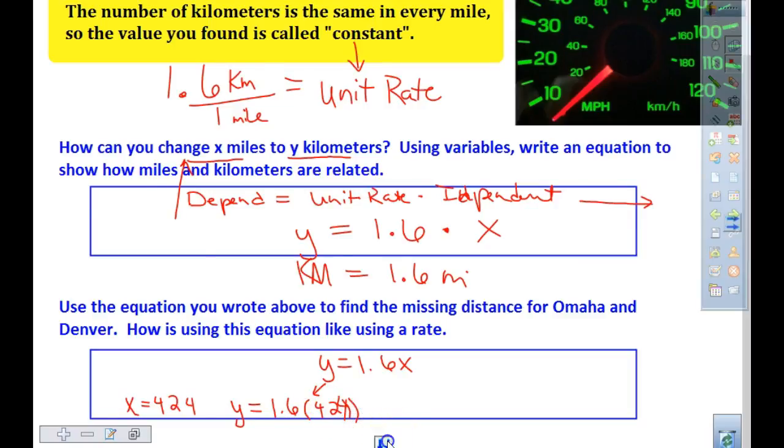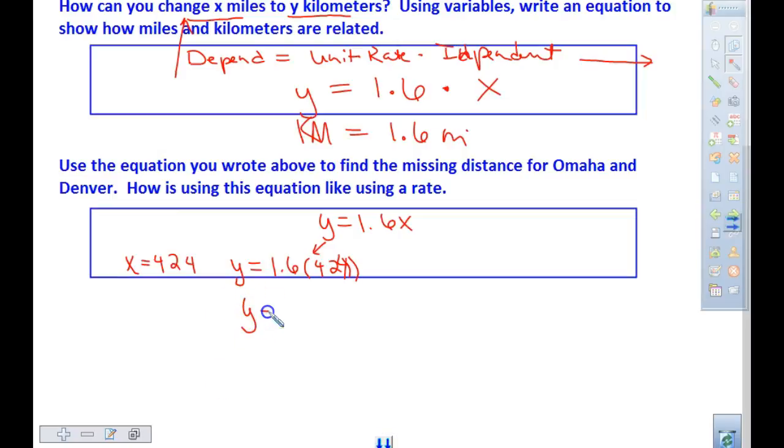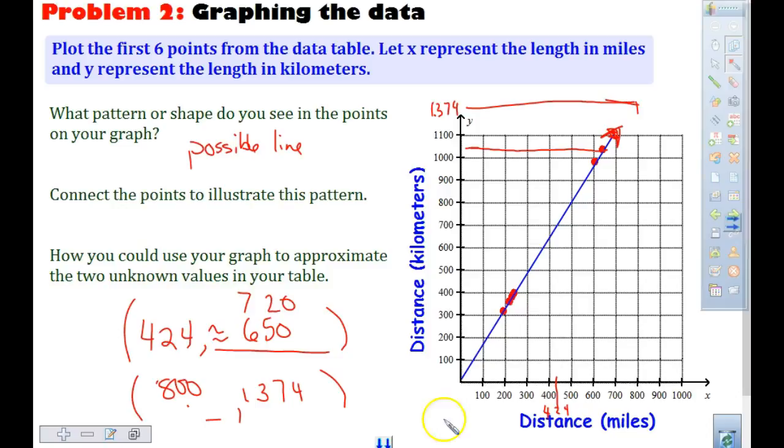How close are we on our estimate? Y equals, what'd you get when you put it in? 678. We were pretty close then, right? Our first estimate, when we did it the first time, we said 650 to 720. 650 was actually really close, right?